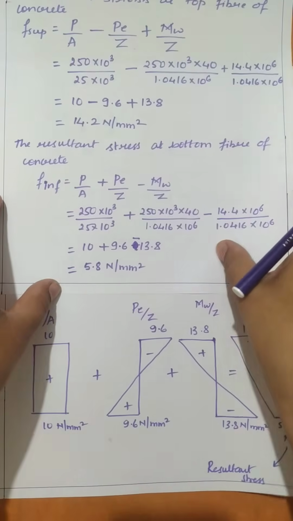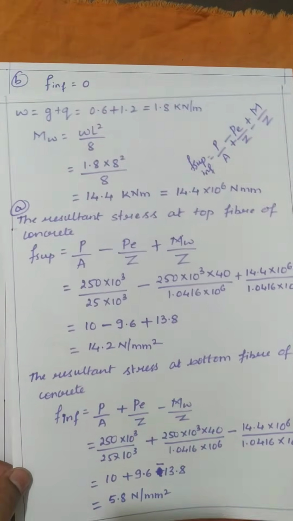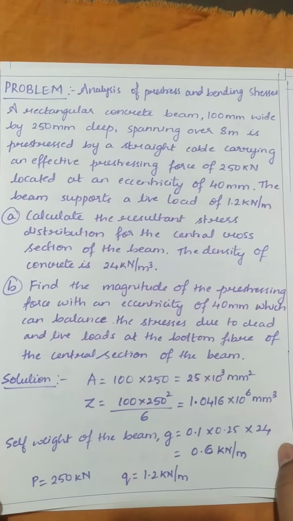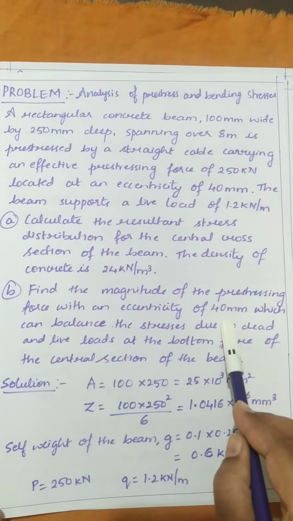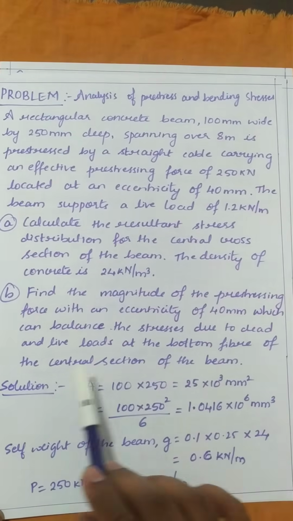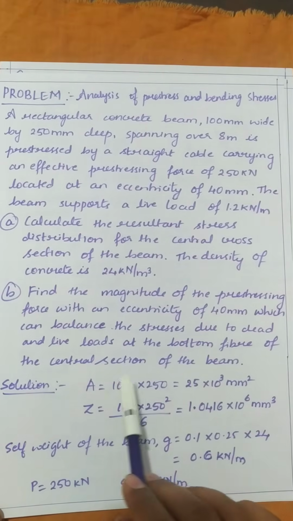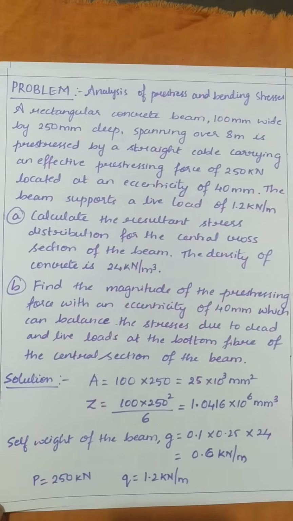Next is the second question. What they have asked us is to find the magnitude of the pre-stressing force with an eccentricity of 40 mm, which can balance the stresses due to dead and live loads at bottom fiber of the central section of the beam. What does it mean?